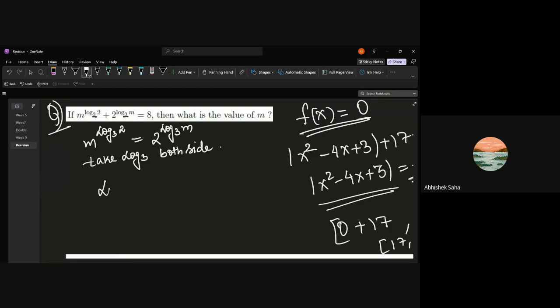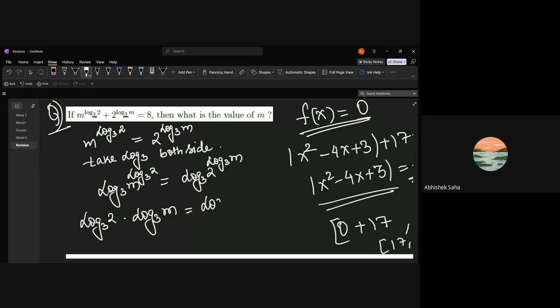It will equal log of 3m, and this power will come outside. So we can write log of 3 2 into log of 3m is equal to log of 3m into log of 3 2. See, these two functions are equal.